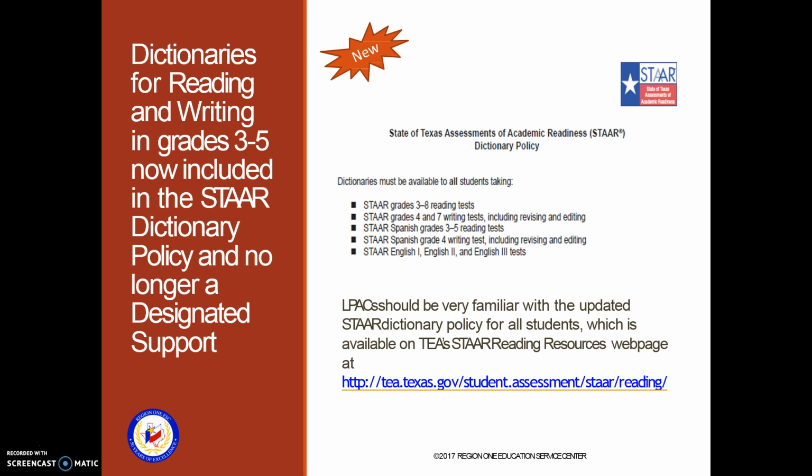Dictionaries must be available to all students who take STAR grades 3 to 8 reading test, STAR grades 4 to 7 writing test, STAR Spanish grades 3 to 5 reading test, STAR Spanish grade 7 writing test, and STAR English 1, English 2, and English 3 assessments. LPACs should become familiar with the updated STAR dictionary policy for all students.